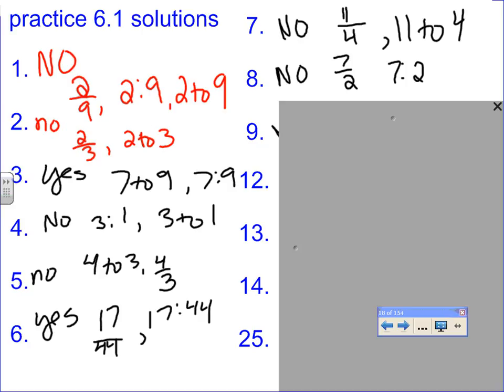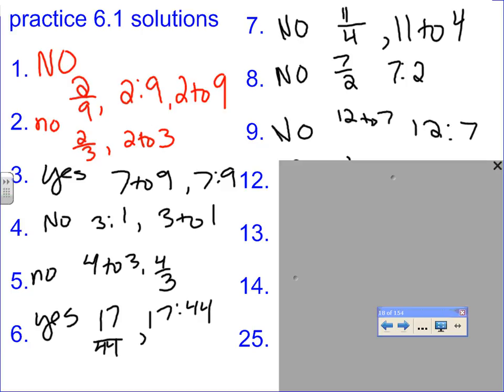Okay. 12 to 7. So 12 to 7 and then 12 colon 7. Alexis, number 12. Good. 24 people for every 1 bus.